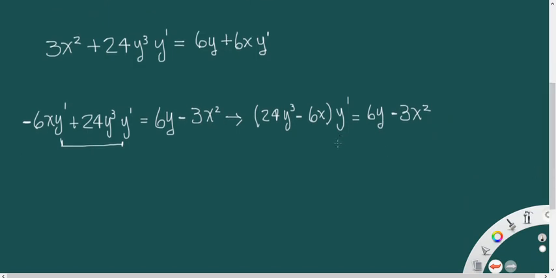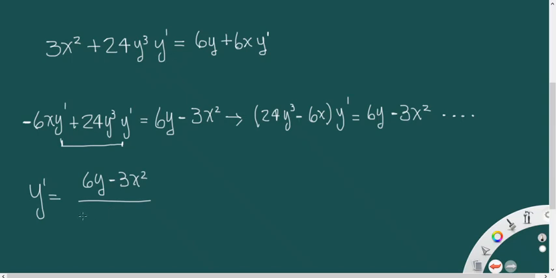So our next step will be to isolate y'. So let's say that y' is equal to 6y minus 3x squared divided by, because this here is a product, so if we're going to move this, we need to divide by this number.